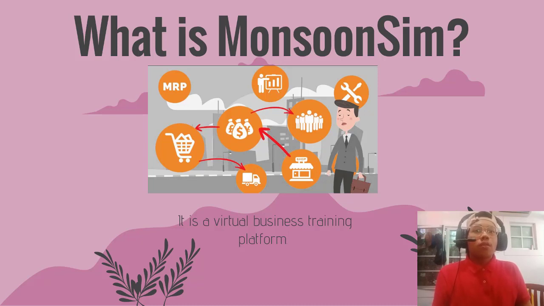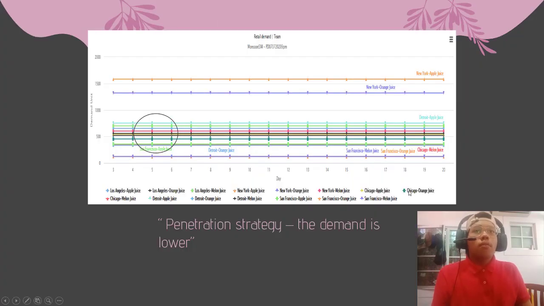Okay, we go to the next slide, which is my first point, initial price structure. Basically, my team uses a penetration strategy because the demand for every juice is lower.